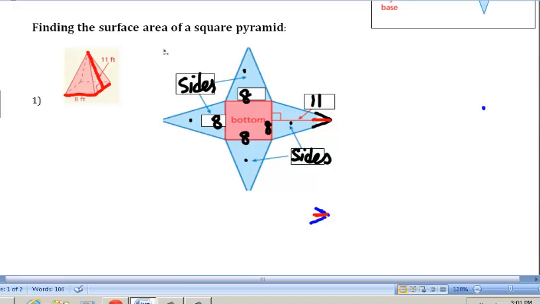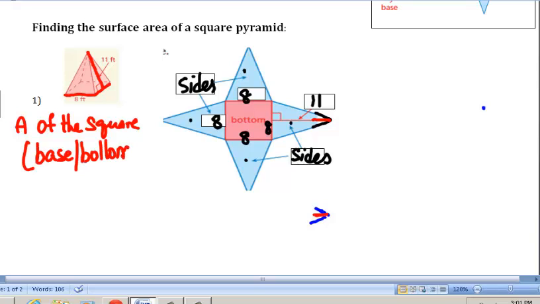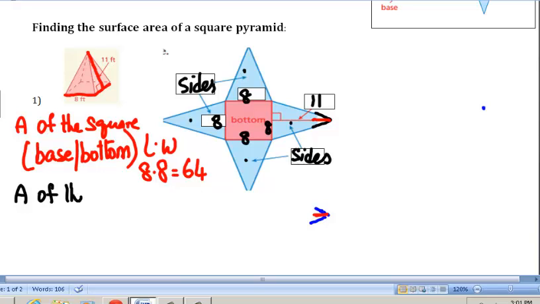Alright, let's find the area of the square first. The area of the square, which in this case is the base or the bottom, is length times width, and in this case both are the same, so 8 times 8, which is 64. Now let's find the area of the triangle. The area of the side, which is the triangle, is base times height divided by 2.